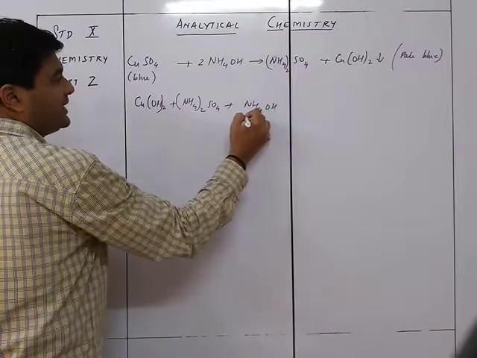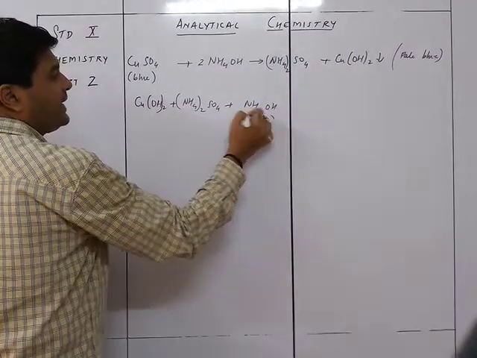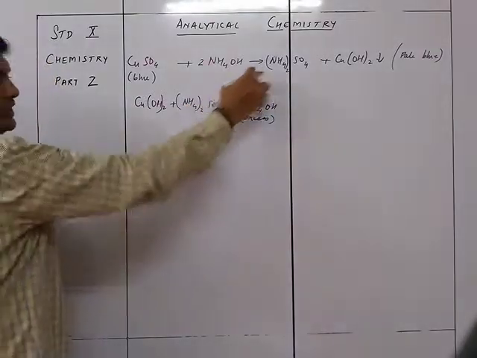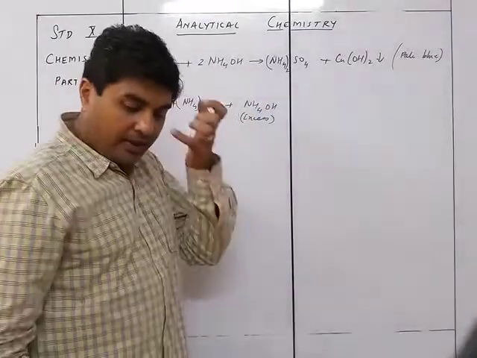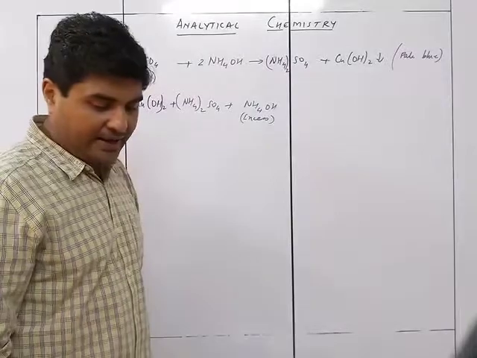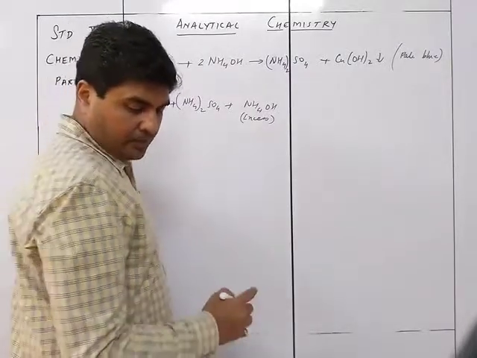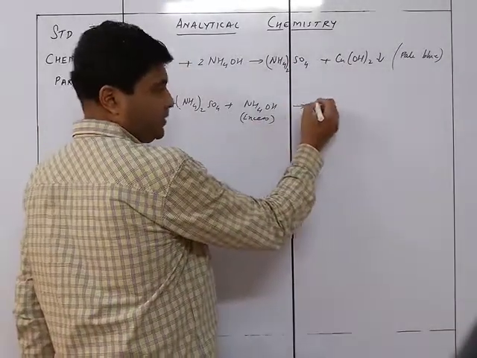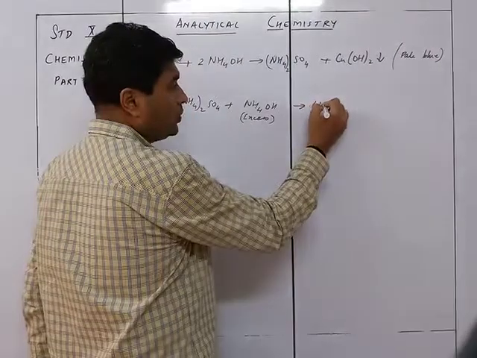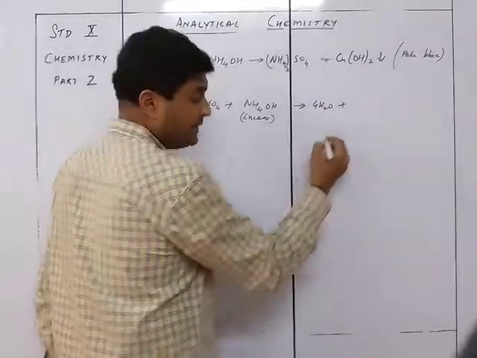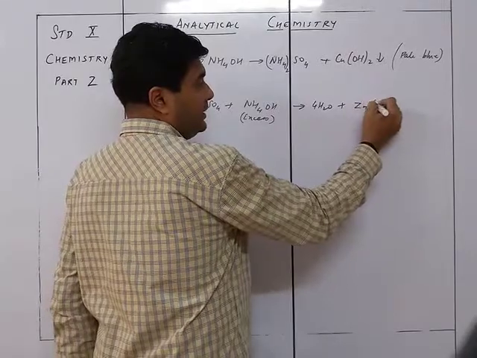If this is the condition wherein I am taking into consideration even this thing which is being generated over here, in that case I am going to get the reaction to be soluble in water. Again it will be water, which is 4H2O, plus I am going to get here as zinc.